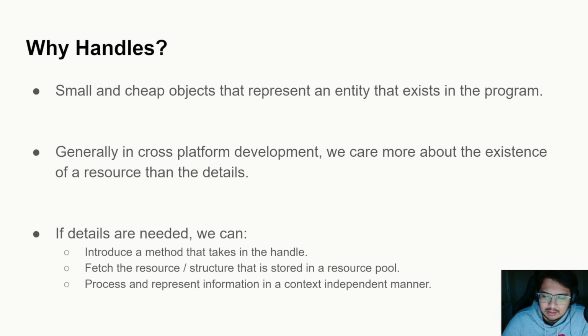If we do need the details, what we can do is introduce a new function that takes in the handle, gets the resource from a resource pool, and then decodes all of the platform-specific information in a way that is platform agnostic, right? We can present the information in a way that is agnostic of the platform that it is on.